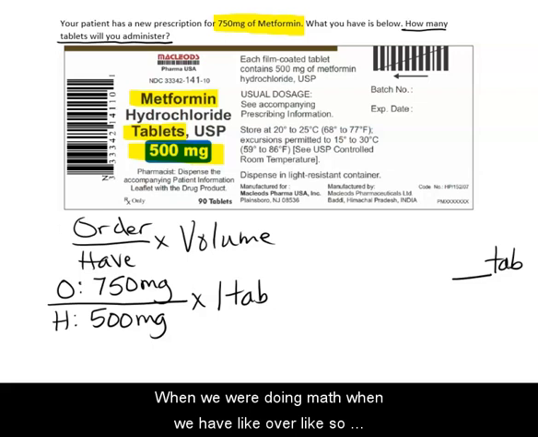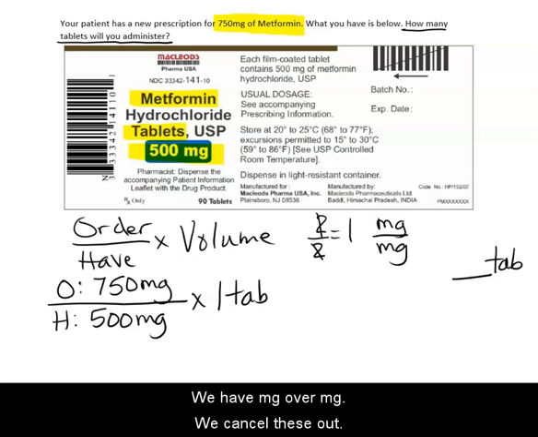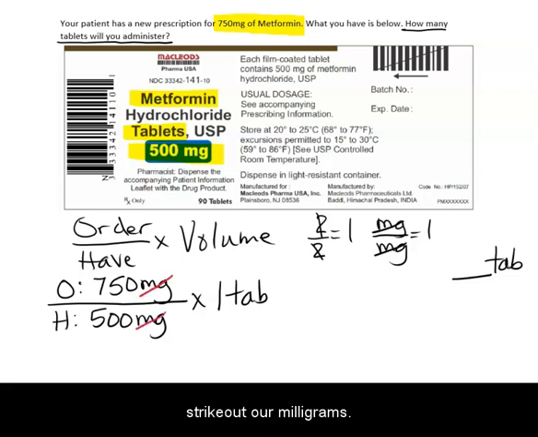When we're doing math, when we have like over like, so 2 over 2, you can cancel that out to equal 1. And it's the same with our labels. We have milligram over milligram. We cancel these out to equal 1. So in our problem, we are going to strike out our milligrams.